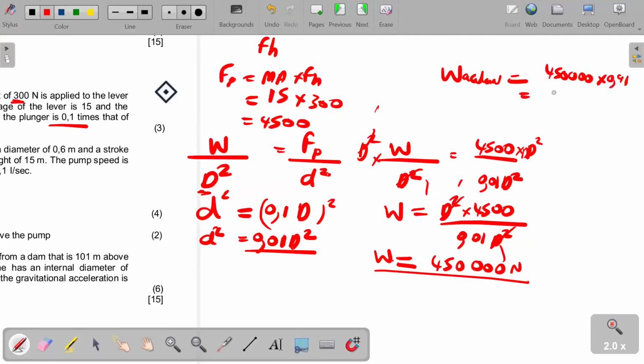That in turn gives us 409,500 Newton, or we can write it as 409.5 kilonewton. That becomes the actual weight.